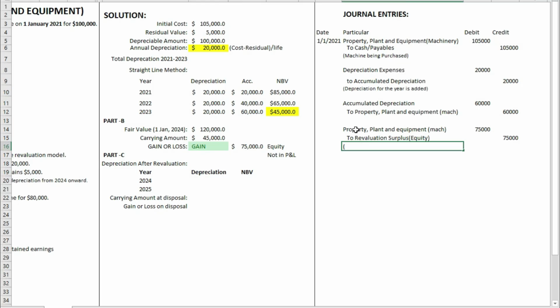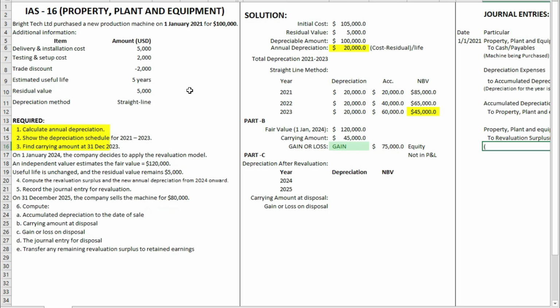So how much is the remaining useful life? It's 2 years remaining, because our estimated useful life was 5 years, from 2021 to December 31st 2026.